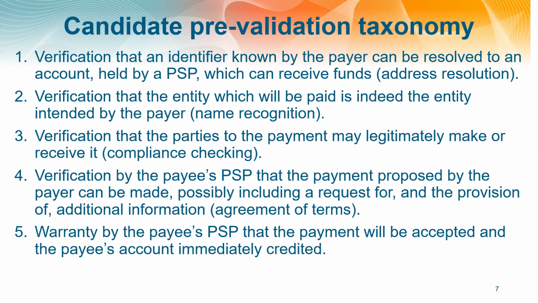And that is what we call the condition fulfillment pair that in the Mojaloop schemes is used so that the payer can be confident that if they send the funds, the payee's account will be immediately credited with them and that they will get immediate and reliable notification that that payment has been made. So those then are the 5 categories of pre-validation that we think exist.